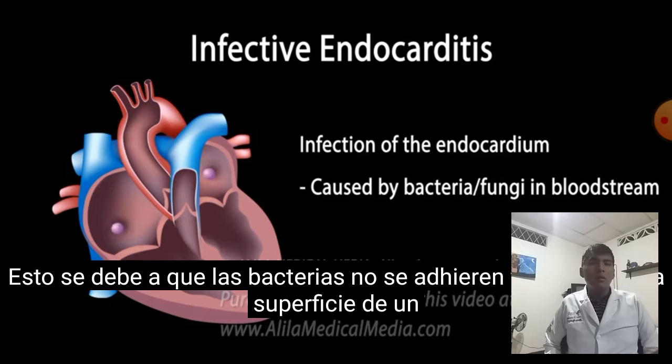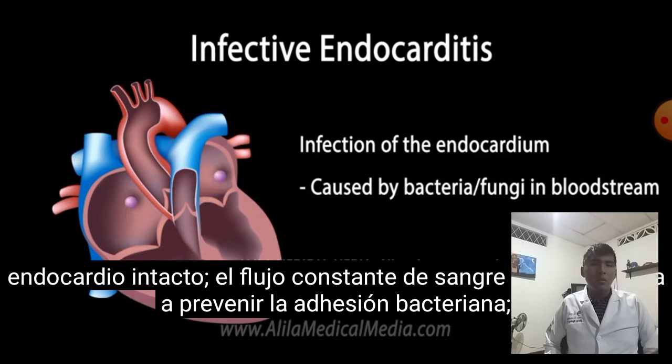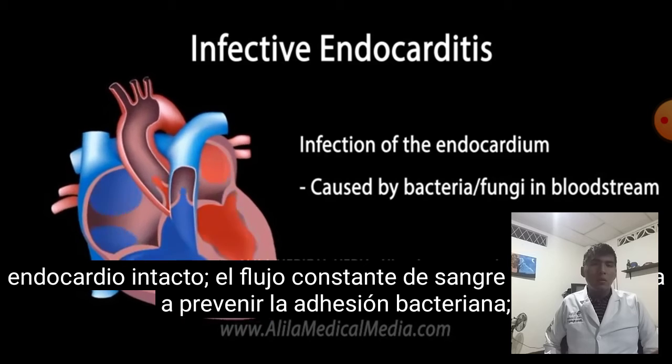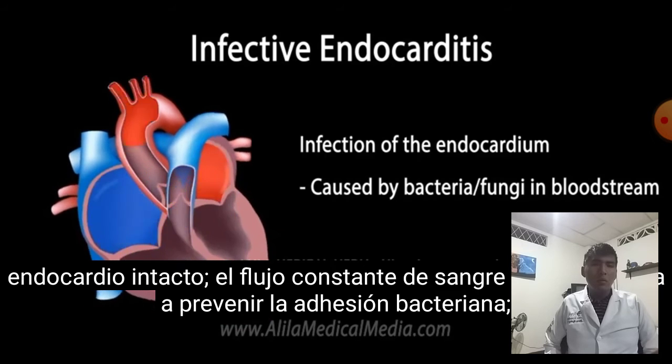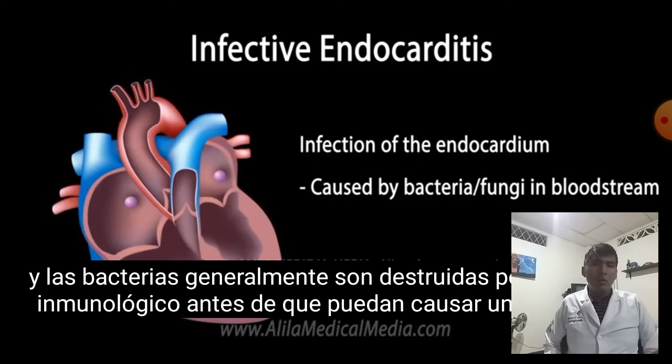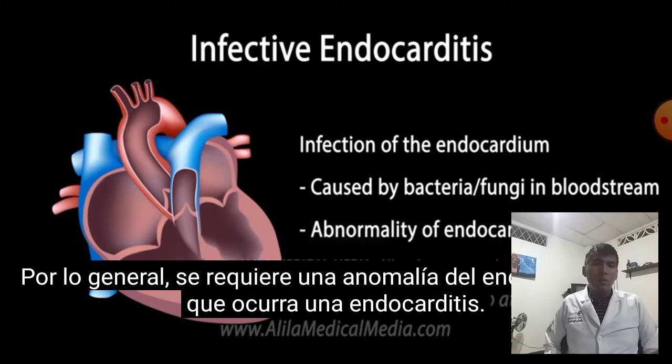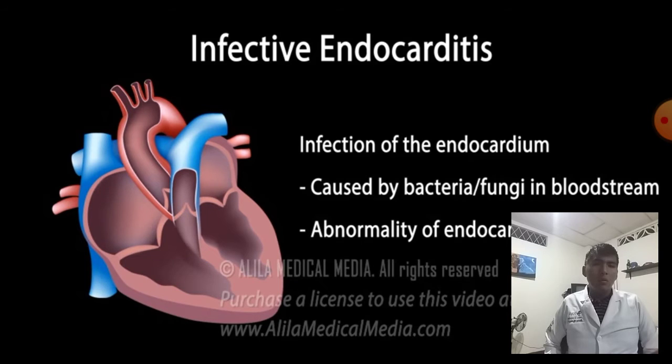This is because bacteria do not easily adhere to the surface of an intact endocardium. Constant flow of blood also helps prevent bacterial attachment, and the bacteria are usually destroyed by the immune system before they can cause infection. An abnormality of the endocardium is typically required for endocarditis to occur.